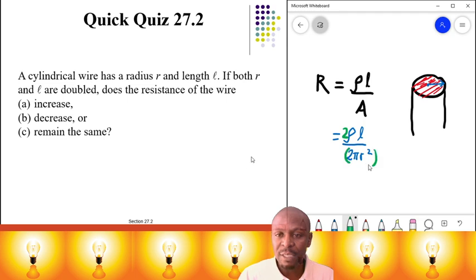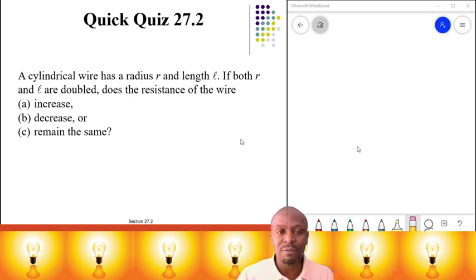Now as a result, what is going to happen to the resistance? This 2 will cancel part of that 4, so the resistance will decrease by a factor of 2. Right, so that is the correct answer.